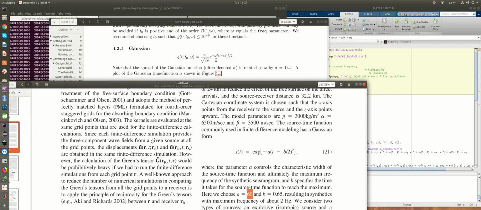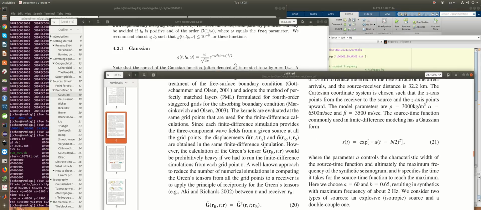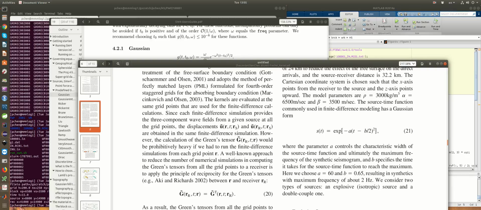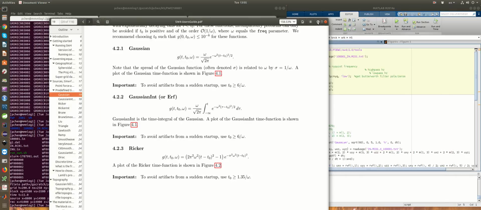That's the expression for the Gaussian. So if I compare them, A actually equals omega squared. The omega is frequency in terms of hertz. It's not angular frequency, it's just the frequency in terms of hertz. Right. So 60 equals omega squared. So all I have to do is take the square root of 60. That's 7 point something in order to get the right frequency. Right.